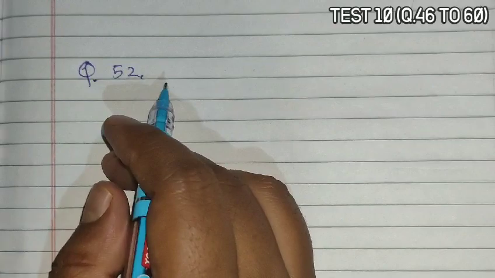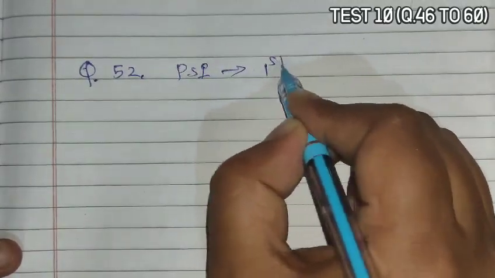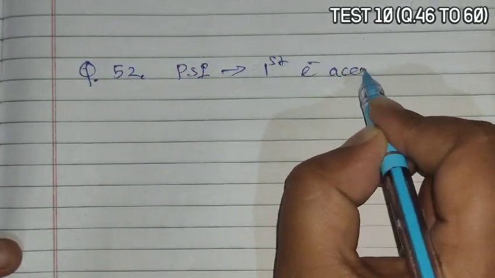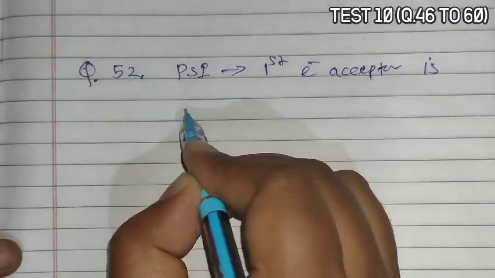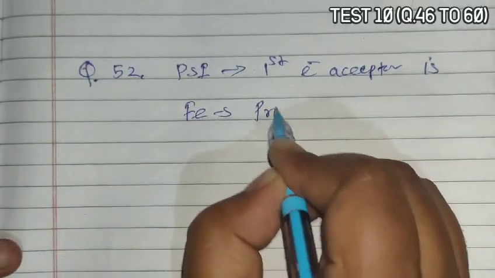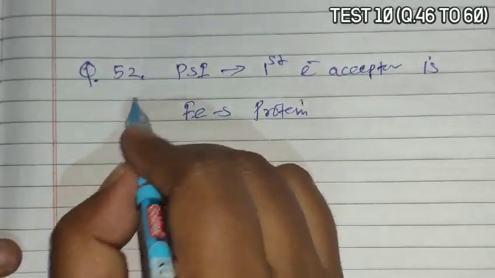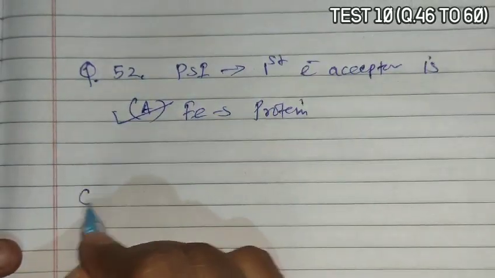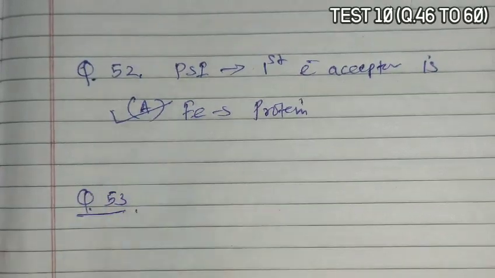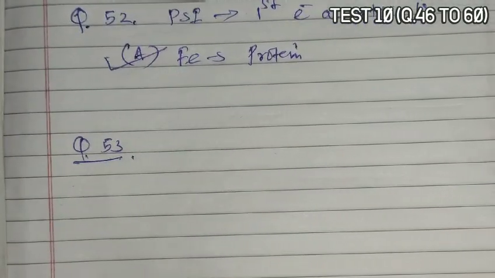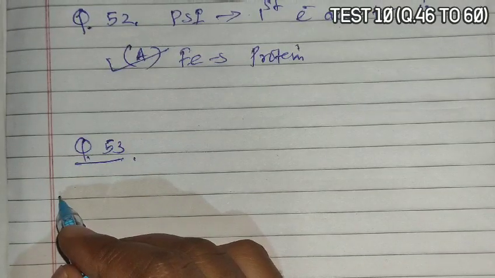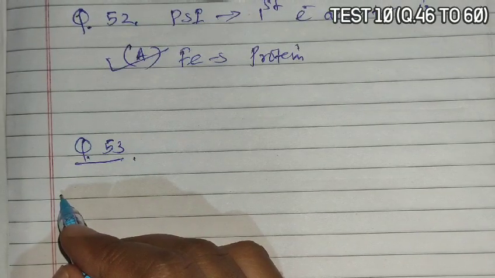Next is question 52. Question 52 asks that in photosystem 1, the first electron acceptor is iron sulfur protein. So A becomes the correct answer. Next is question number 53. Question 53 asks: the enzyme Rubisco acts as both carboxylase and oxygenase, so why do you say that Rubisco in C4 plants does more carboxylation?